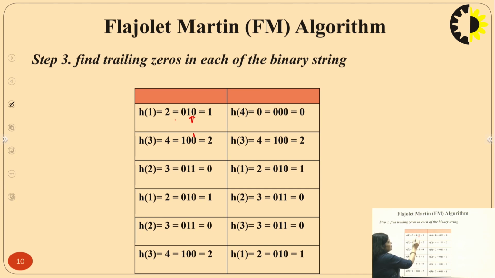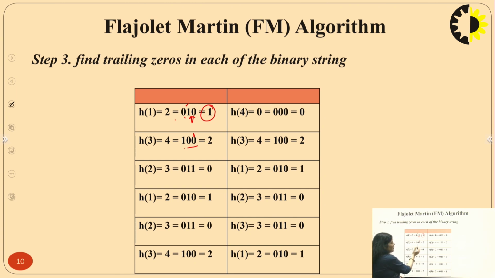For example, in this case, this is the first 1 we are encountering when moving from right to left. Since only one trailing zero can be found before the first 1 from the right-hand side, we count 1 as the number of trailing zeros in this case.